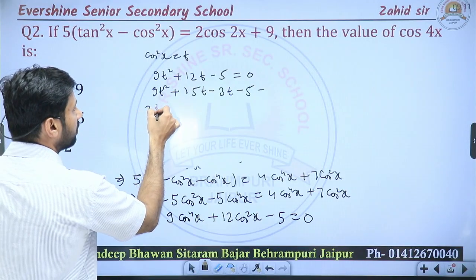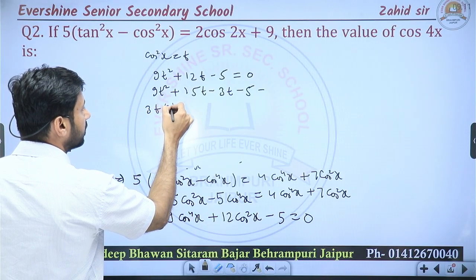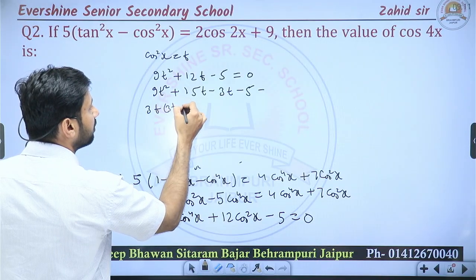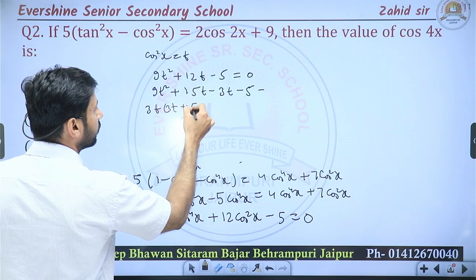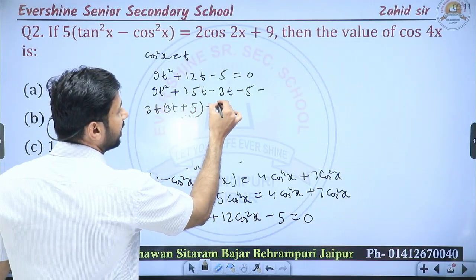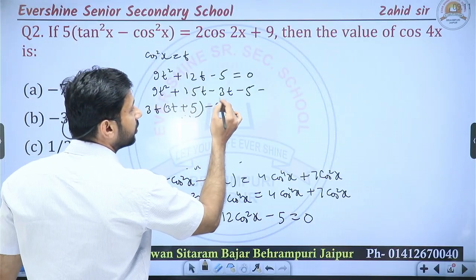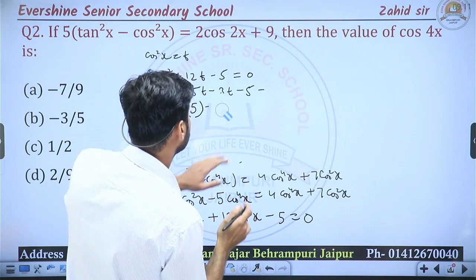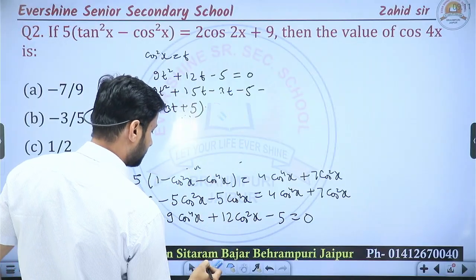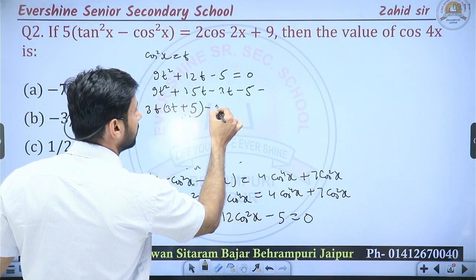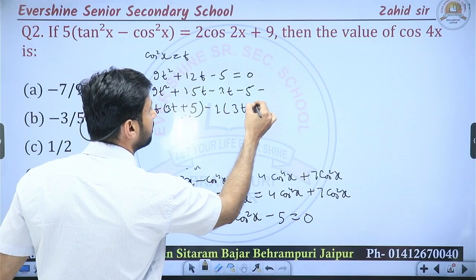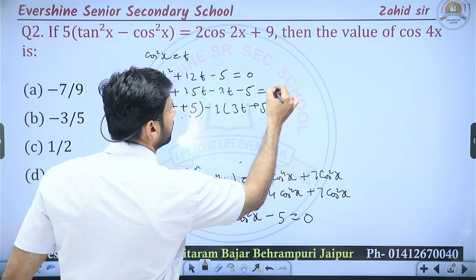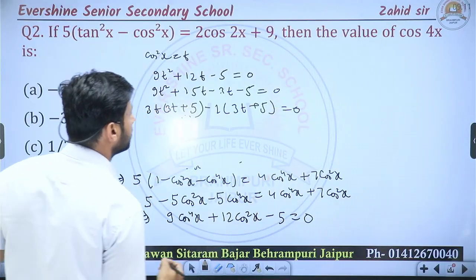So 3t is a common factor. I'll be getting 3t plus 5, okay? And if I take 1 as a common factor here, I'll be getting 3t plus 5, which is equal to 0.